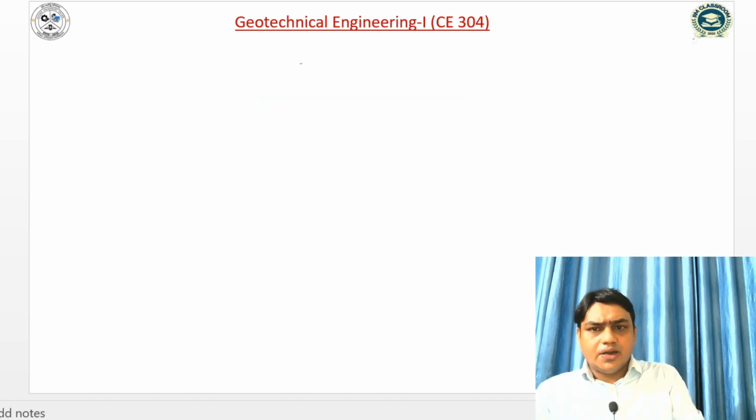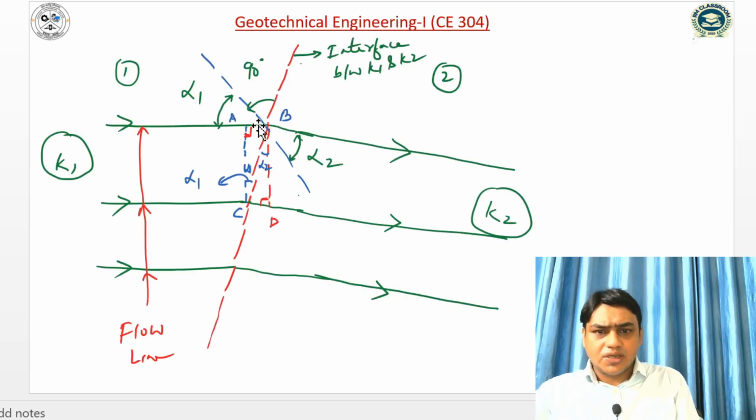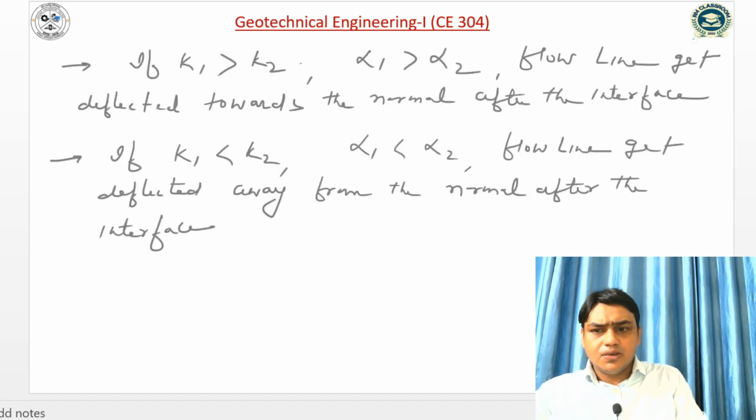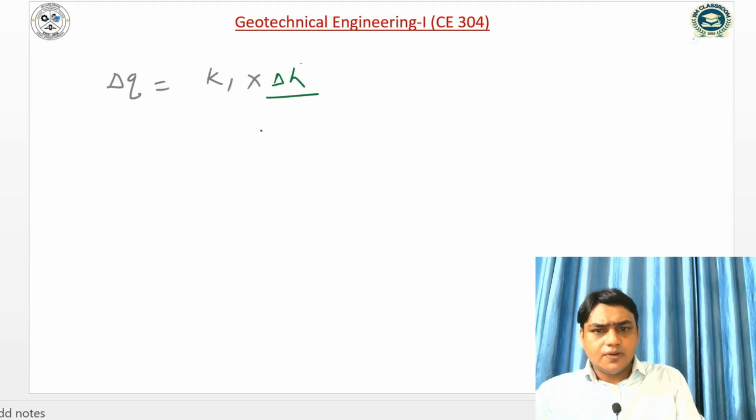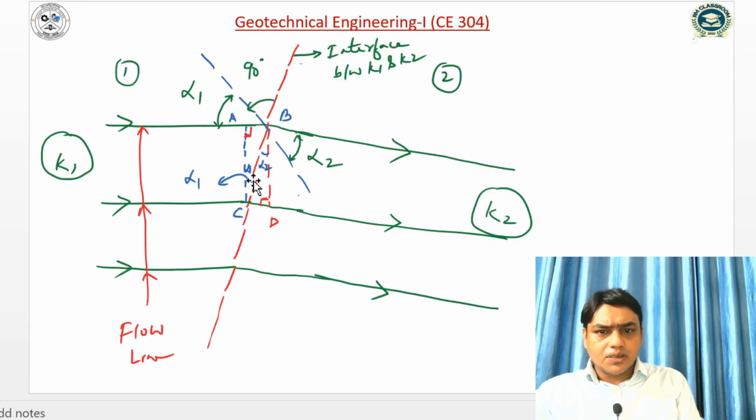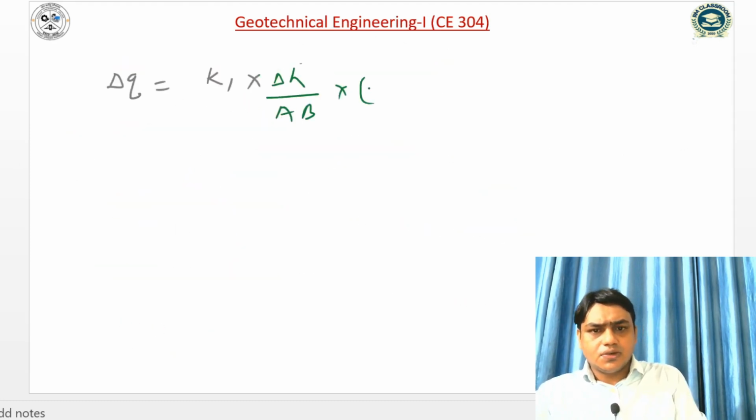So we can write delta q is equal to K1 into the hydraulic gradient, which is delta H divided by the length. The length along the flow is AB, so it is delta H by AB, into the perpendicular area, which is AC into 1.